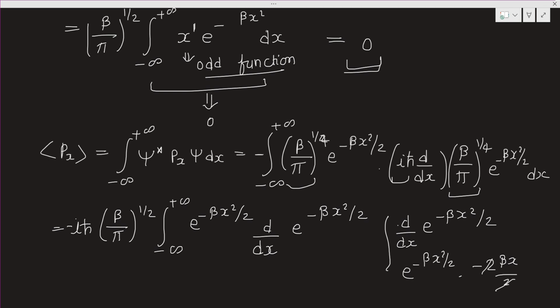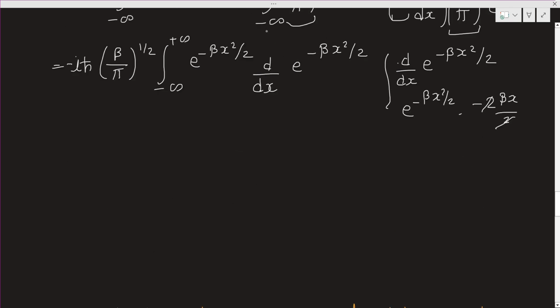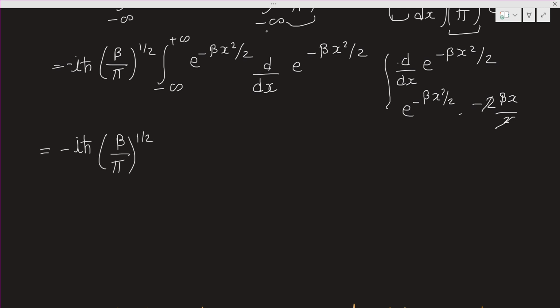See here, I am writing −iħ (β/π)^(1/2) here. And this minus β, which you have given, will go outside, so you are writing this minus β term also outside. Minus and minus will cancel out.